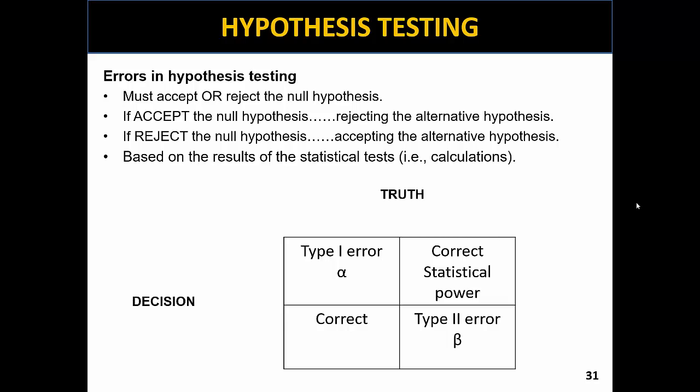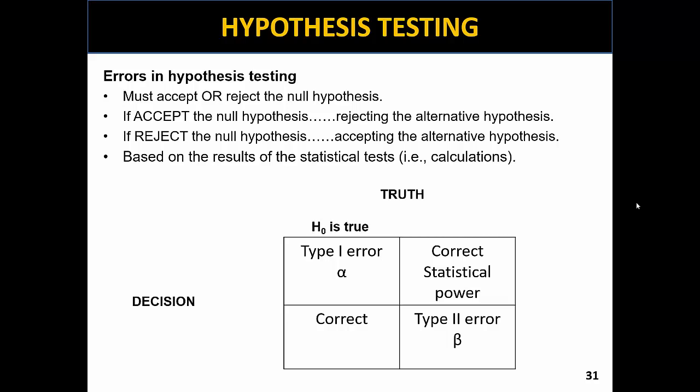And along the vertical axis here is the decision that's made in terms of accepting or rejecting the null hypothesis. And that's going to be an outcome of the statistics of the sample, whereas the truth plays into the true pattern of the population.